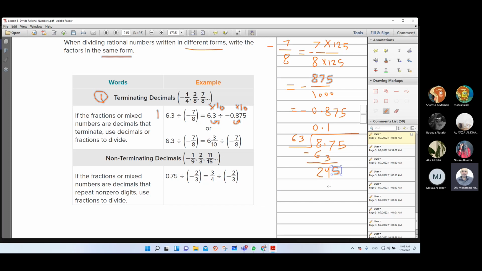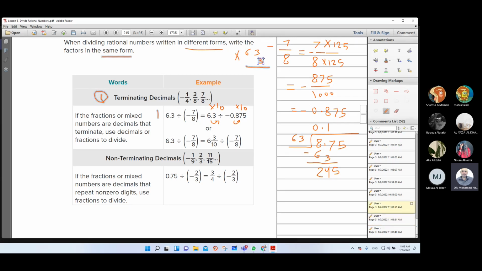The number will be 245. Now look for a number multiplied by 63 equal 245 or less than 245. For example, you can try 3. 3 times 3, 9. 3 times 6, 18.